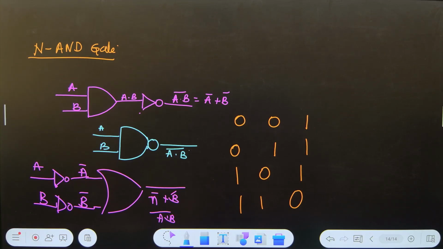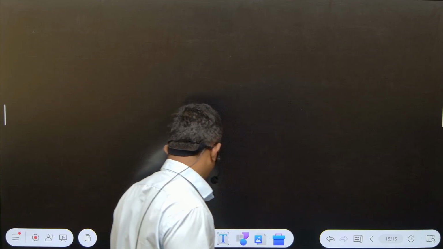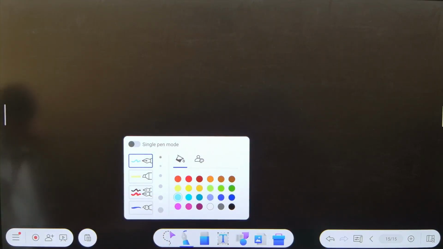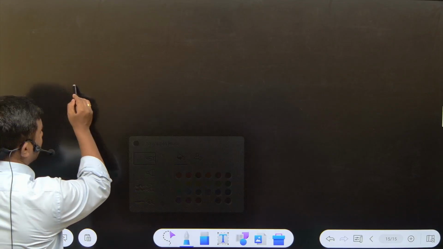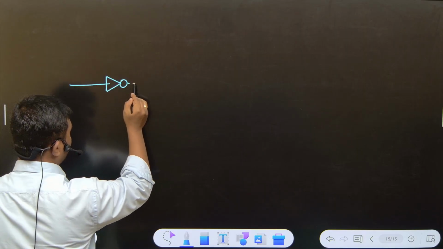Hemant will tell the answer. Okay, both students will tell. By bad luck we got both boys only. Okay, everyone start writing.